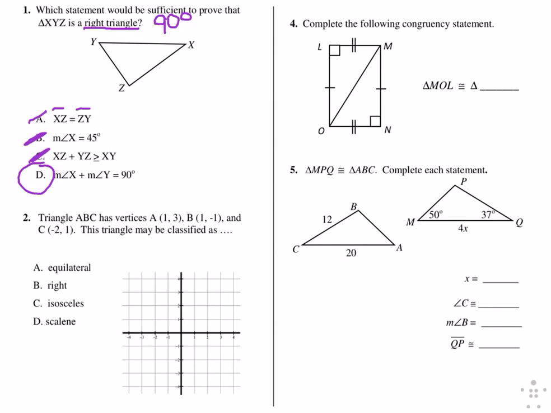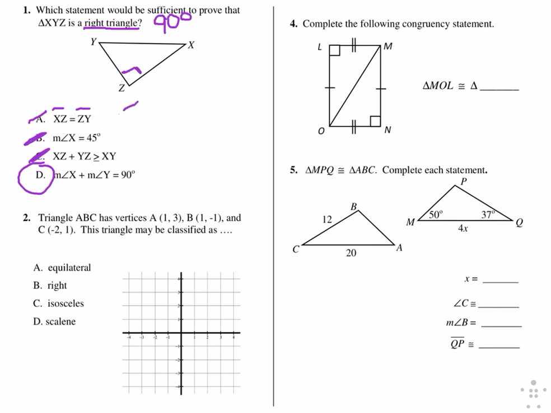And then D says the measure of angle X plus the measure of angle Y equals 90 degrees. That makes sense because let's say, for example, that angle Z is a 90-degree angle. So then angle Y plus angle Z plus angle X... Hang on, I'm going to try to make my handwriting a little bit nicer.